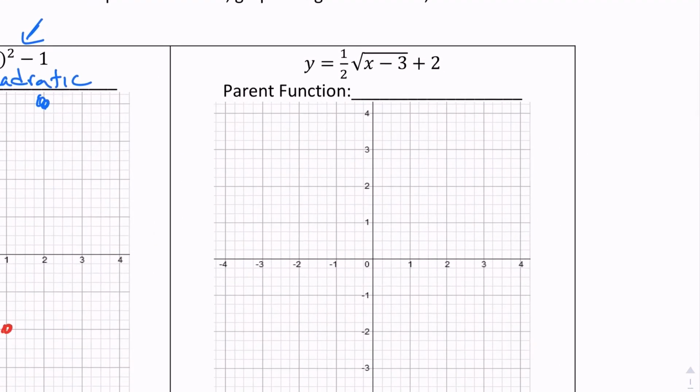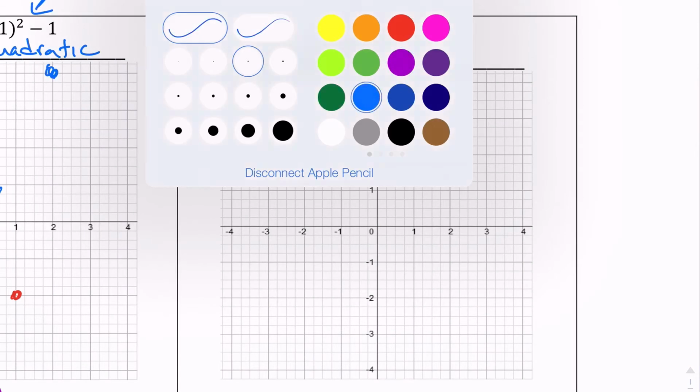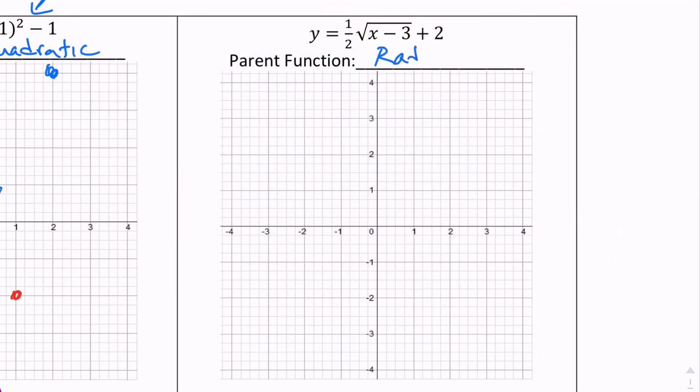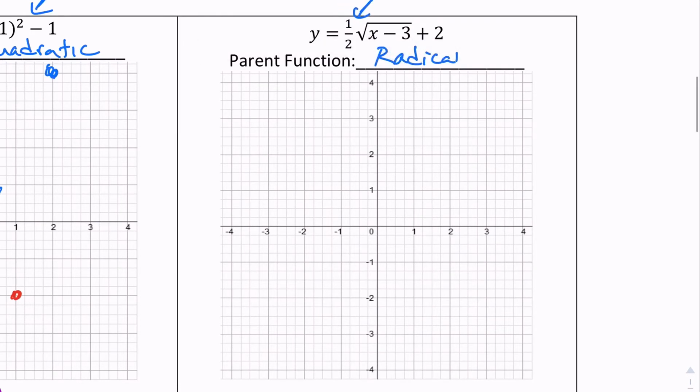Okay, sliding over. Here we have a radical graph, and I know that because of the radical sign or the square root sign. Transformations out front, we have a 1/2. That's going to compress by 1/2.